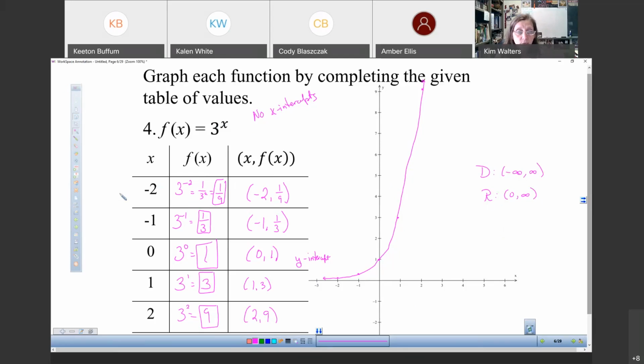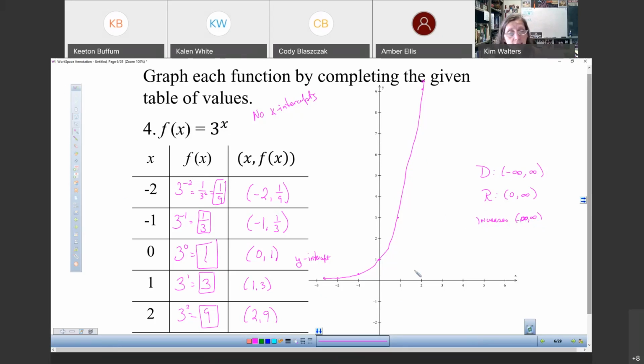It is going to be 0 to positive infinity. Okay? And in terms of the world of increasing and decreasing, this exponential function is an increasing function. So this particular function increases everywhere. So it increases from negative infinity to positive infinity.